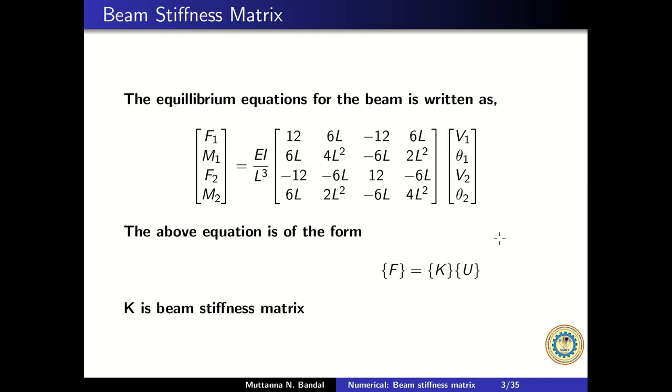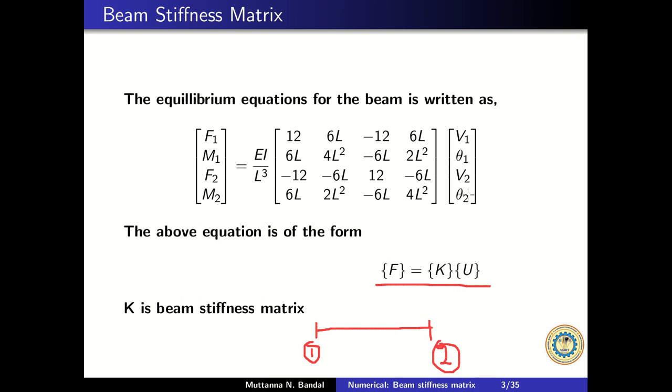To start with, let me write the equilibrium equation, F is equal to K into U. The structure is discretized as one element, so I will take this as node 1 and this as node 2. Hence I have four quantities: F1 and M1 at node 1, F2 and M2 at node 2.